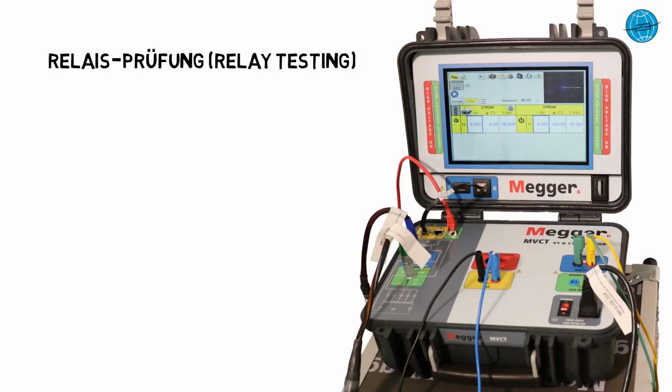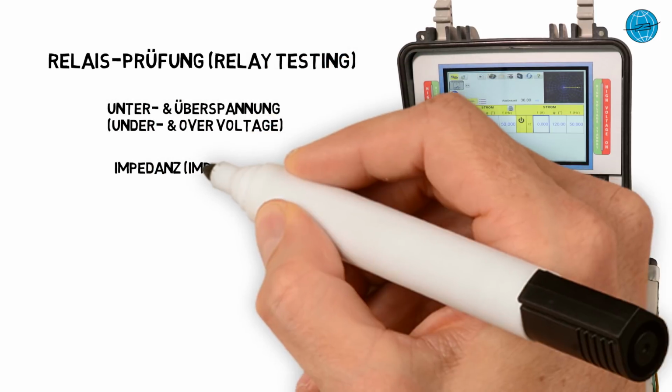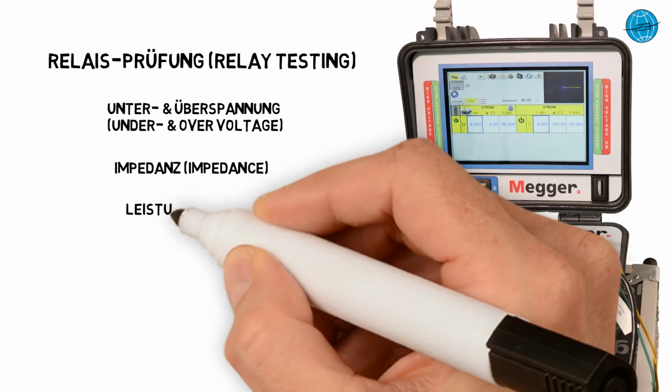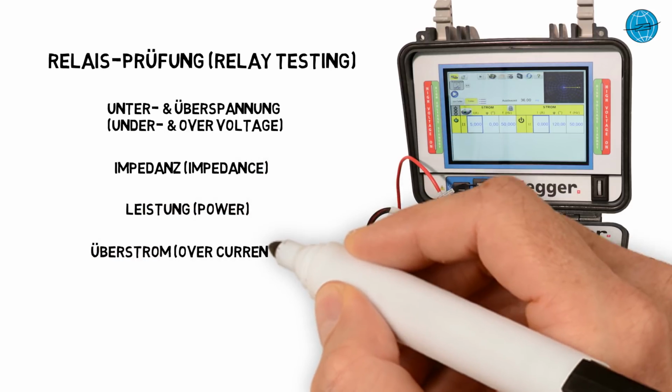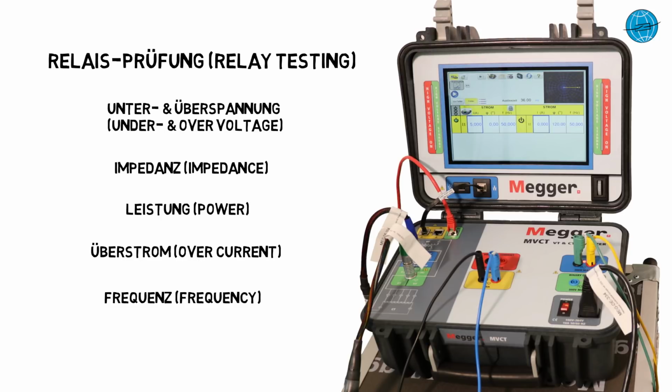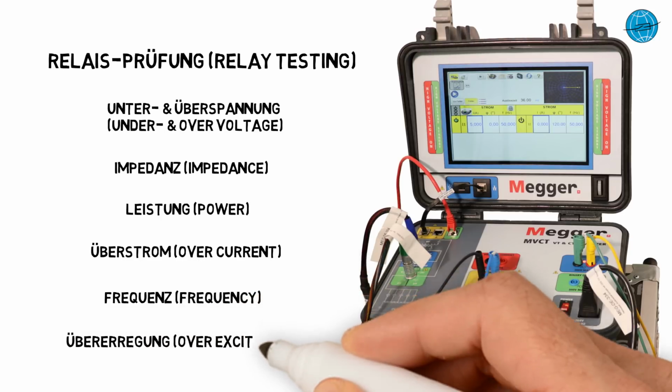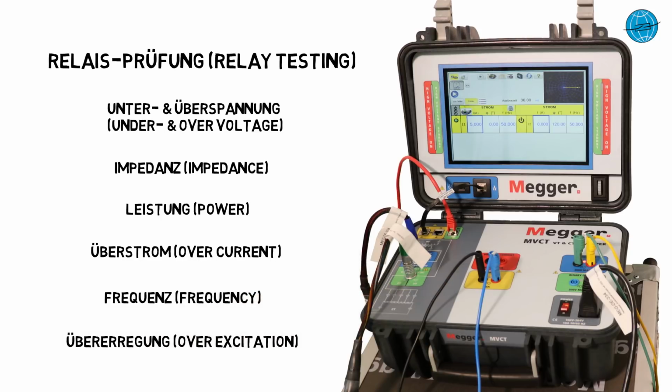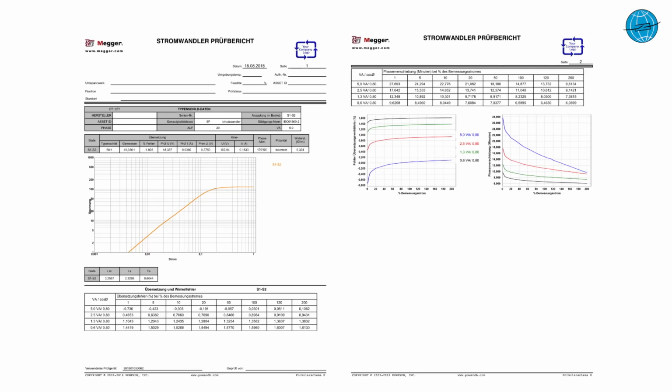Among the testable functions are under and over voltage, single-phase impedance, single-phase power, single-phase overcurrent, frequency, and over-excitation. The MVCT test set from MEGGER also offers the option of transferring all measurement results to a PC and generating automatic test reports.